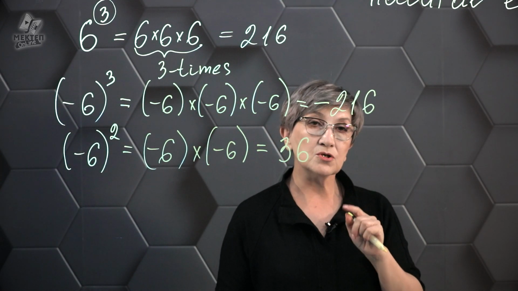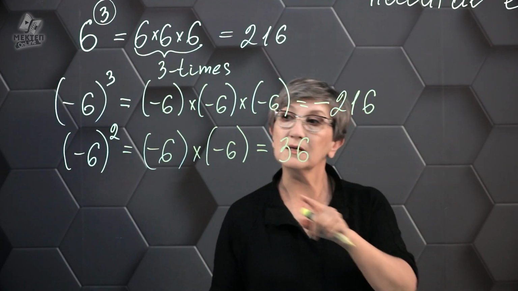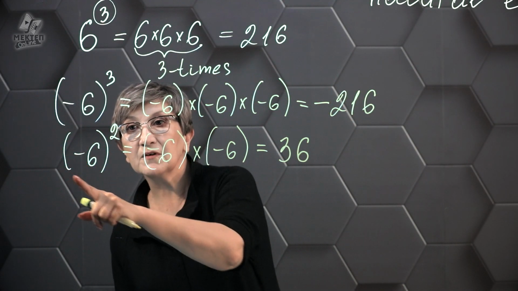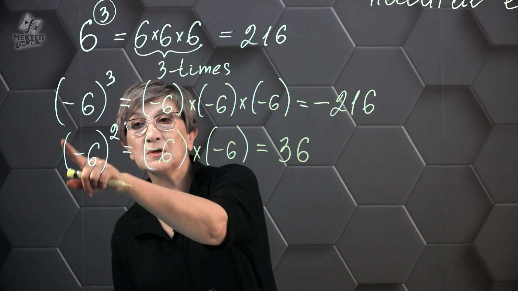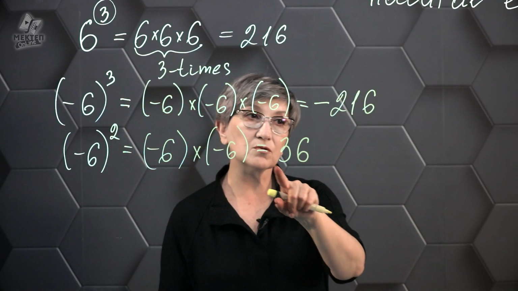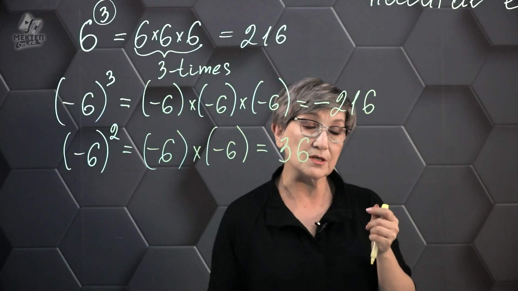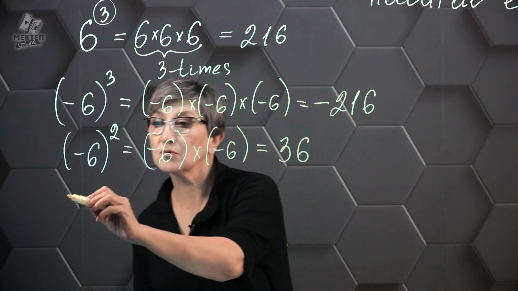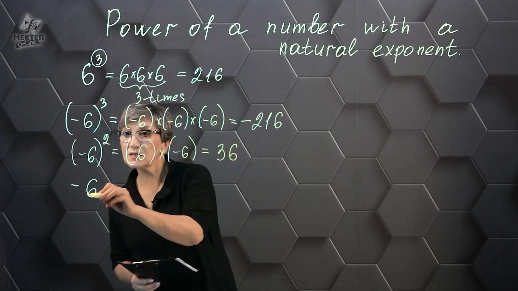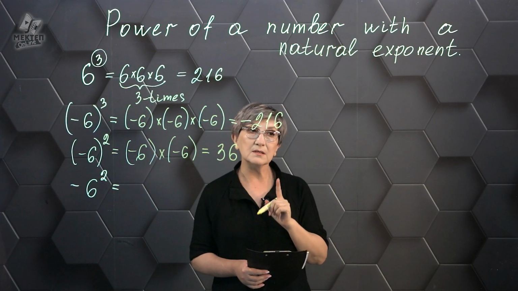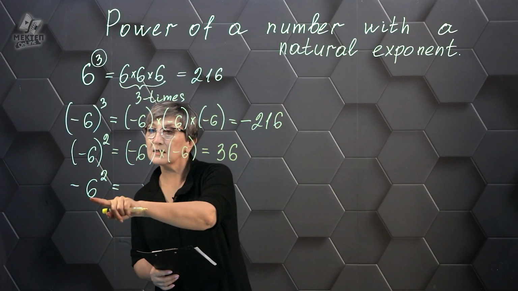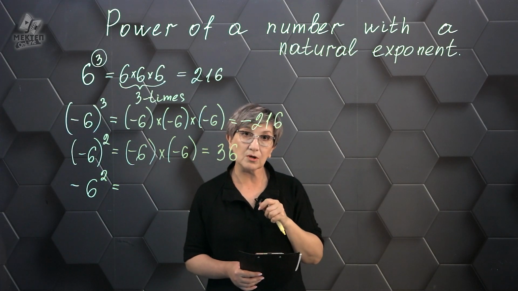But we have to be very careful when we raise a number to a power. The point is that if we take minus 6 to the second degree, we end up with the number 36. Now I'm going to write down minus 6 to the power of 2. What does this record tell us? The point is that these two entries are different from each other.